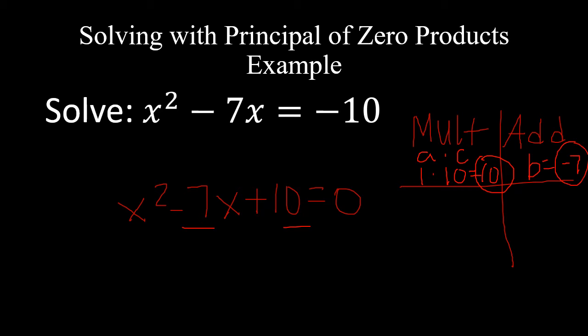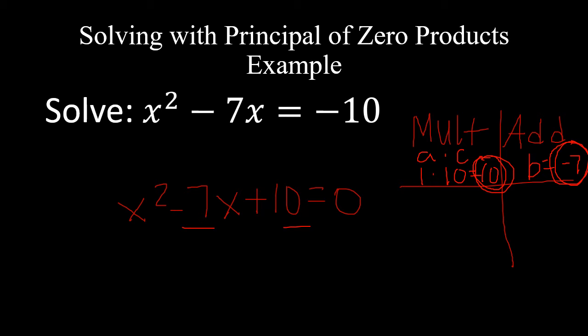Okay, so notice, you guys, I want factors of a positive that add to a negative. Okay, the only way that I can have two numbers that multiply together to give me a positive, but that add together to give me a negative, take a minute and think about it, is if both of my factors are negative.